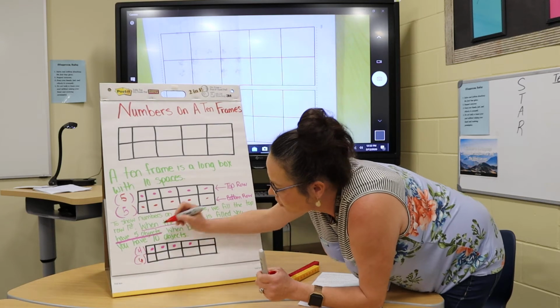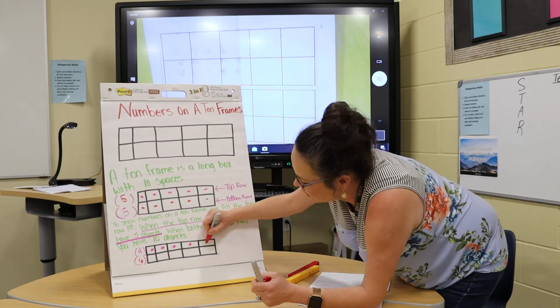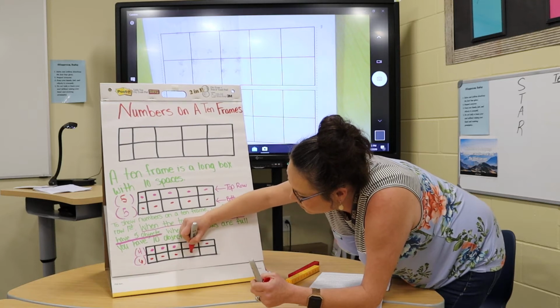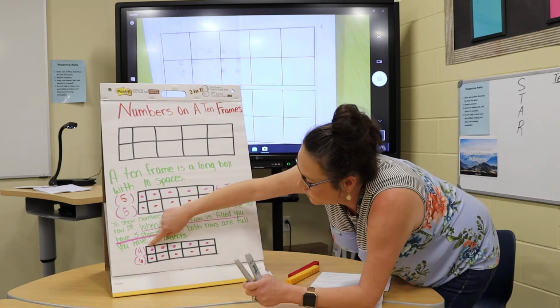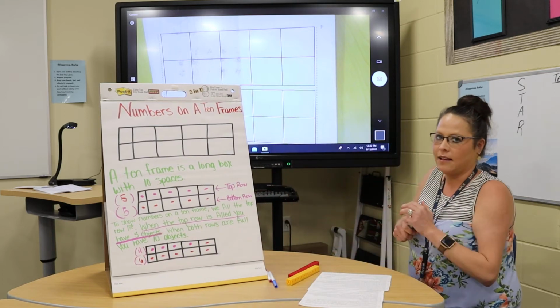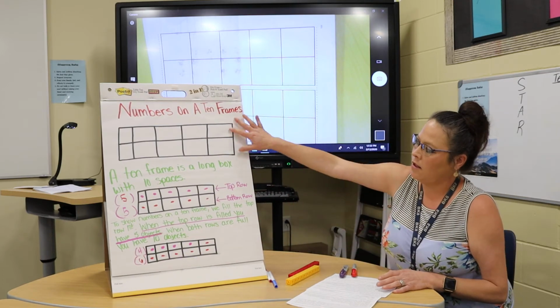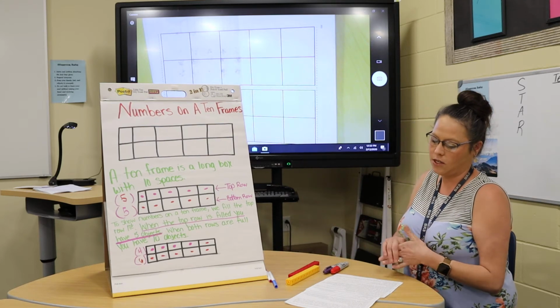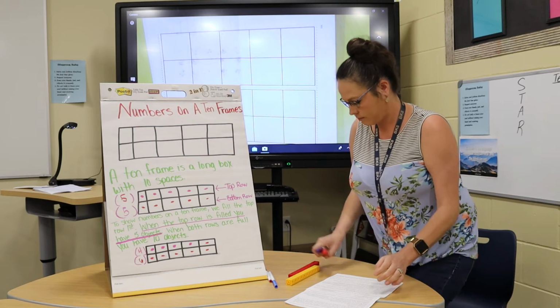And it doesn't matter if your dots are on the top or on the bottom, as long as you fill up your 10 frame. So 4 plus 6 equals 10. And that is how a 10 frame looks and how it works. So now, let's return to our seats.